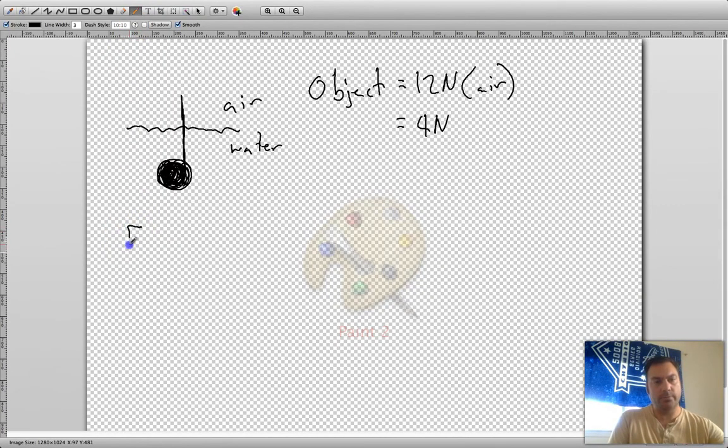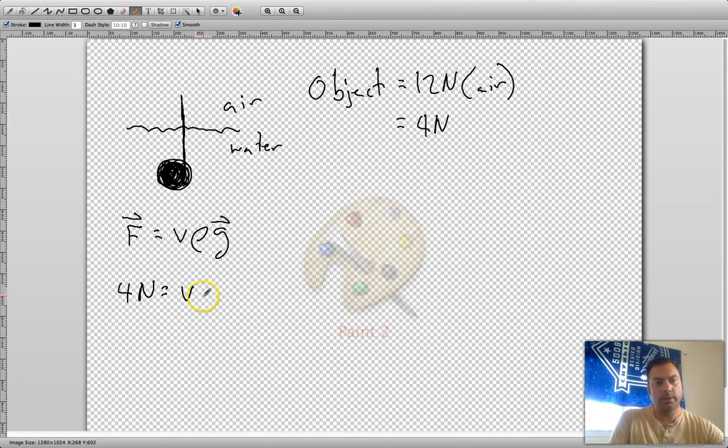So here we have force equals volume times rho times g. G, of course, is a vector that we know. The force is 4 newtons. The volume is our unknown. Rho we know, but we're going to rearrange this equation.